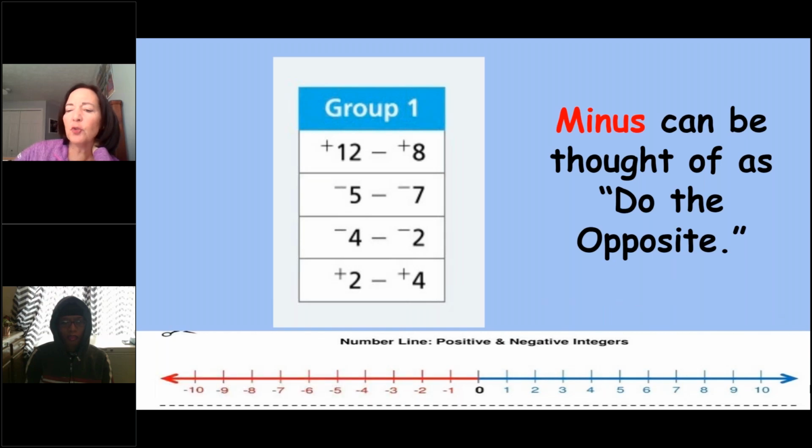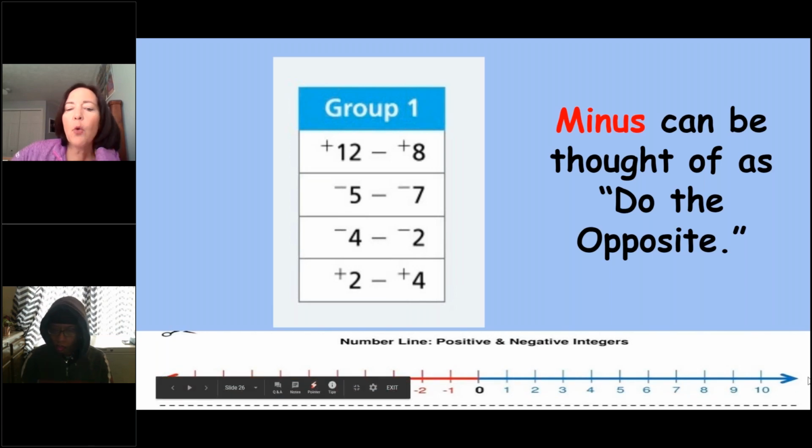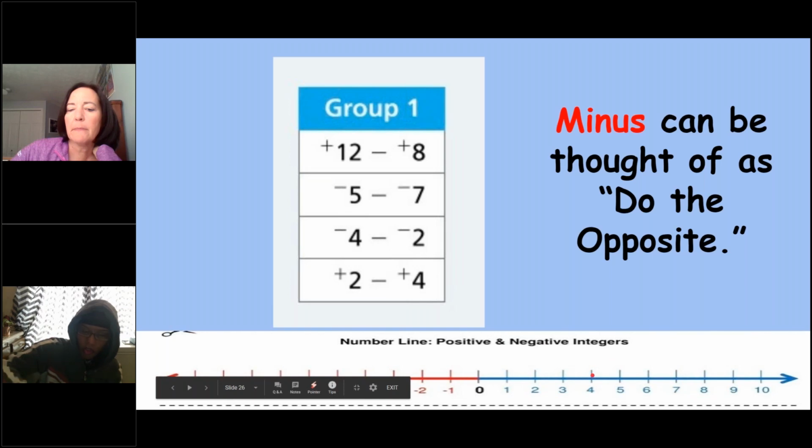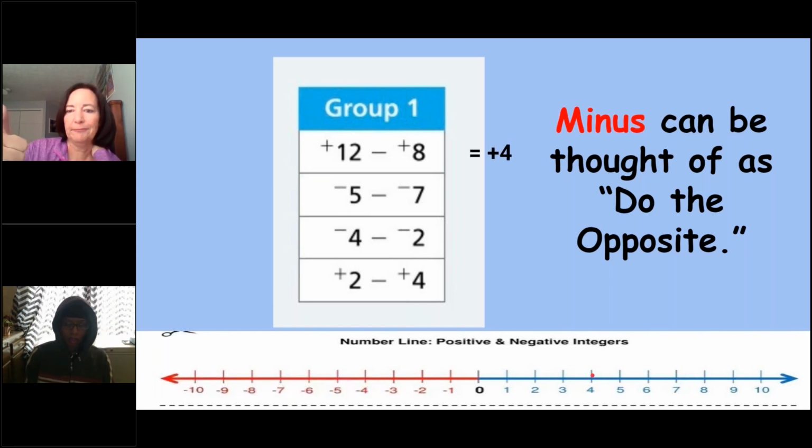No, because I would have to go 12 jumps to get back to 0. So I'm not going quite enough to get back to 0. If I did 8 jumps backwards, where would I end up? 4. Nice. You would get a +4, a whole number 4.